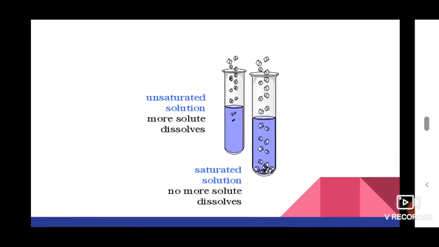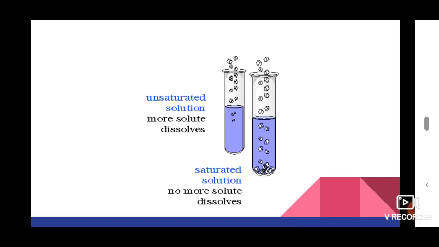Here, look at the two pictures given. One is an unsaturated solution and another one is a saturated solution. In an unsaturated solution, if we add some substance into it, it dissolves completely. So it is able to dissolve the solute particles.